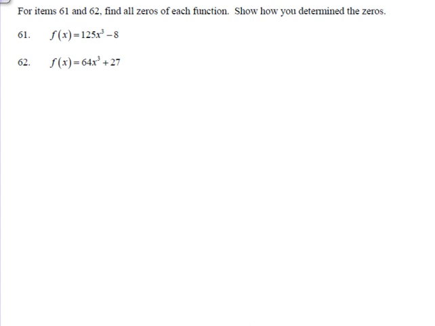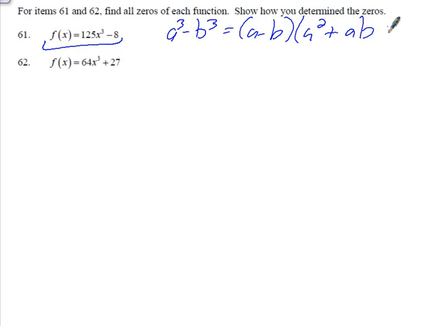Jump to 61, 62. It wants us to find all zeros and show how we determine them. So for this, we should notice this here is a difference of cubes. So remember that equation is a cubed minus b cubed equals a minus b, a squared plus ab plus b squared.